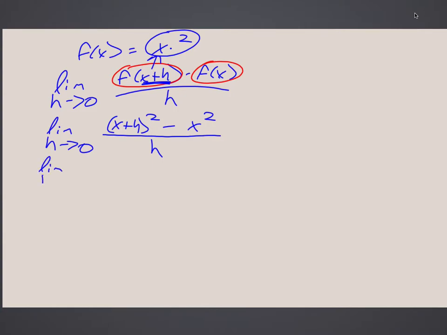So the limit as h approaches 0 of x squared plus 2xh plus h squared minus x squared over h. This right here is what I get when I multiply x plus h squared out.